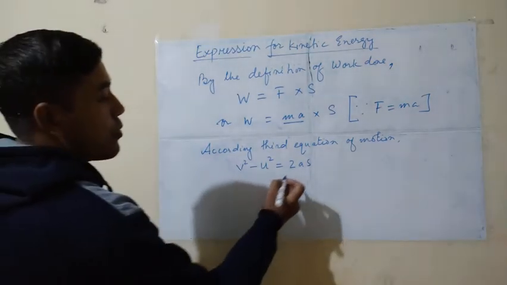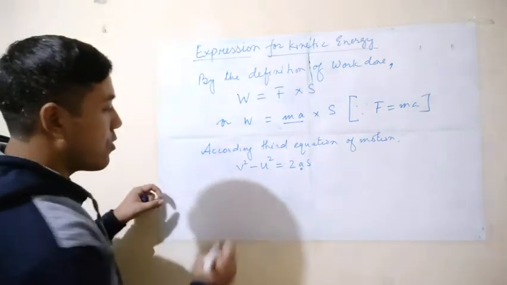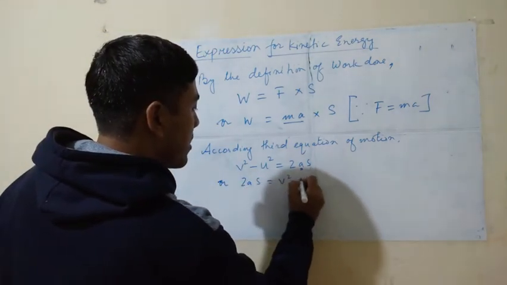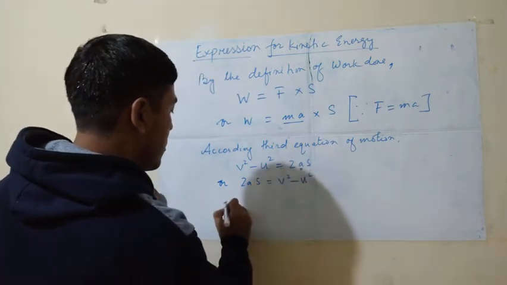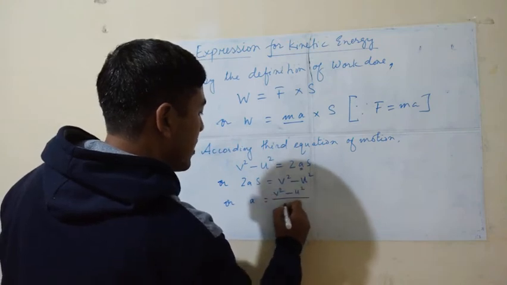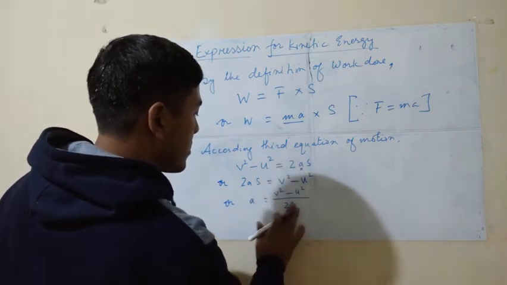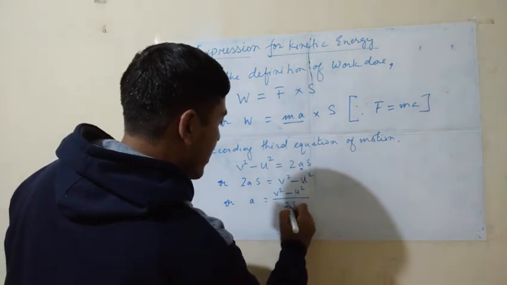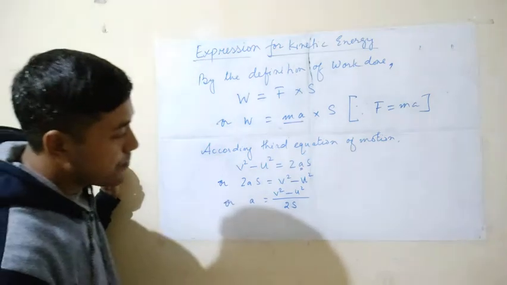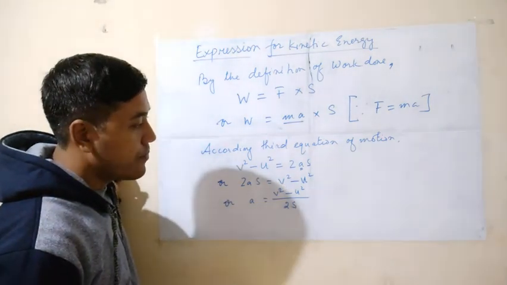Now we want to find the value of A. 2AS is equal to V square minus U square, or A is equal to V square minus U square by 2S. Any confusion? Okay.